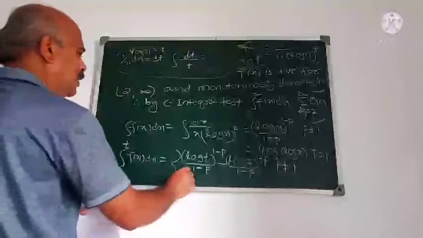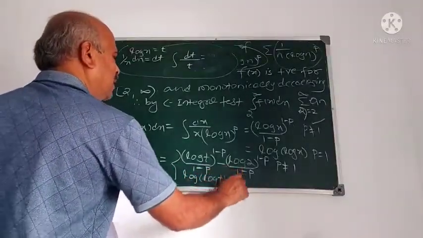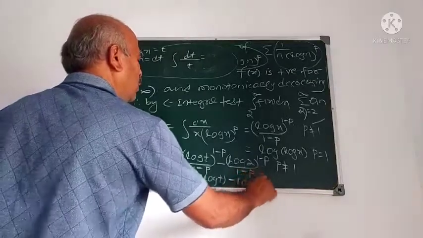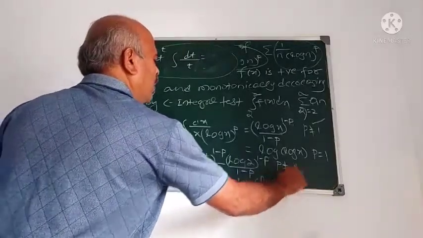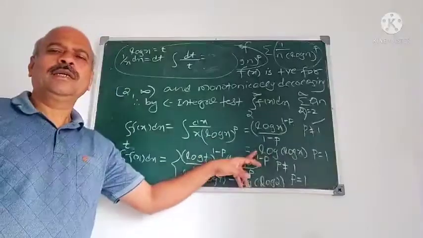Two cases are there, and it is log of log t minus log of log 2 when p is equal to 1. I think this is clear.